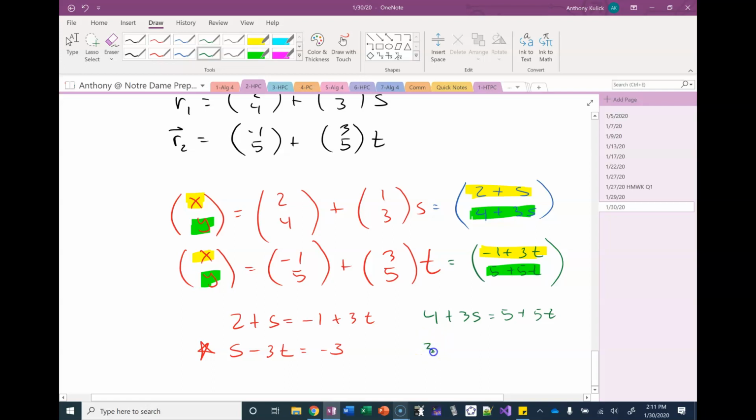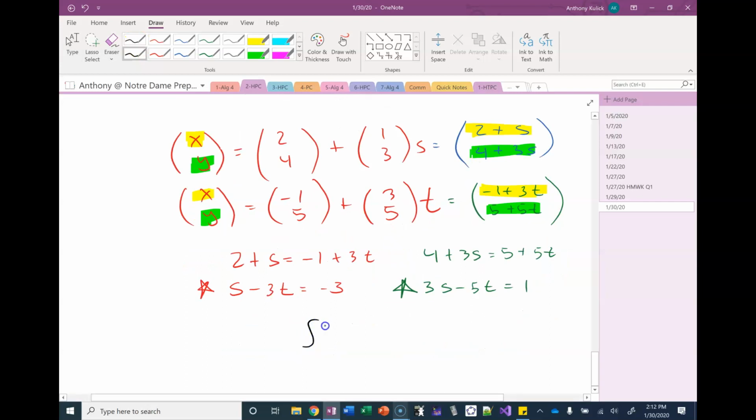And then I'm going to move the variables onto one side and the constants onto another and create a second equation. That's going to form a system of two equations.